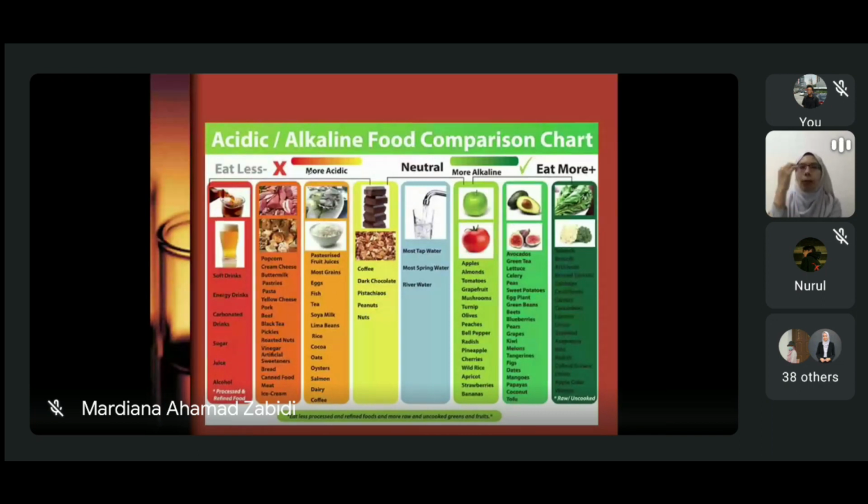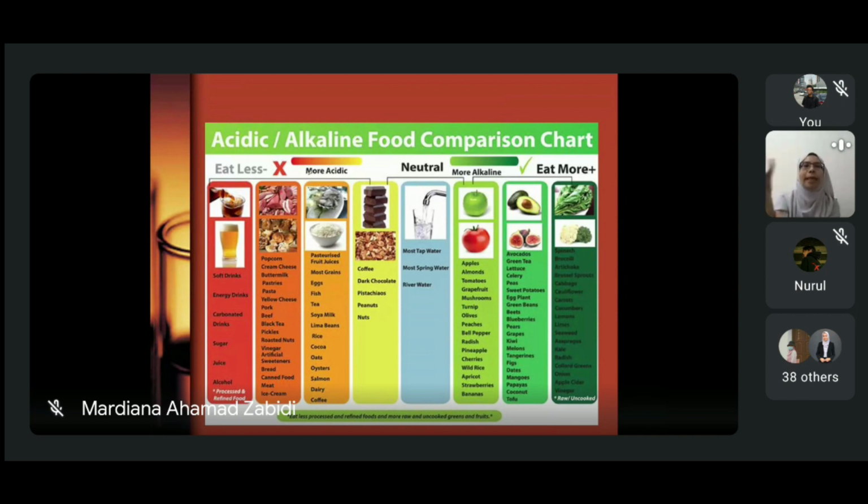But what makes this particular slide interesting, whoever prepared this, Eddie or Syarimi, I'm not sure, is that they put in this debatable concept, and this one is up to you as well. When we consume, for example, lemon, lemon is very acidic, right? Its pH is pH 2 as mentioned.